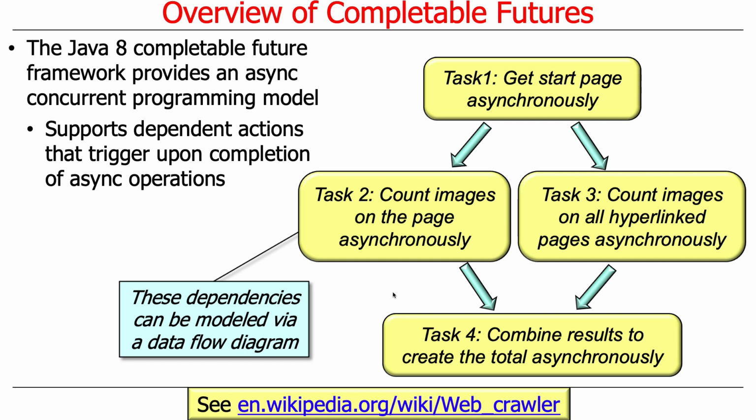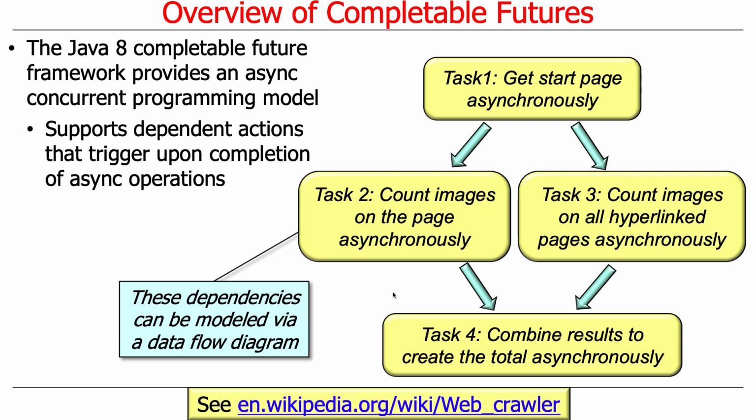And then there are 2 dependent actions that are triggered after the web page is downloaded. So after the web page has been downloaded, we're going to count the number of images on the page asynchronously, and we're going to count the number of hyperlinked pages that are accessible from the page asynchronously. Both of these things will be running asynchronously.